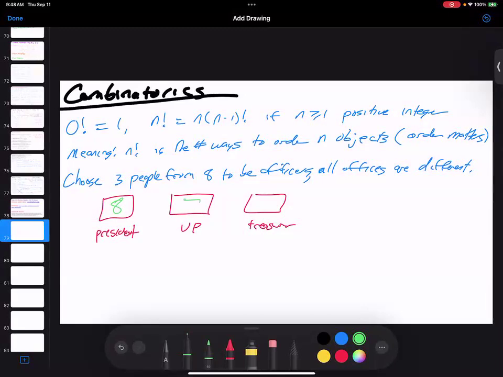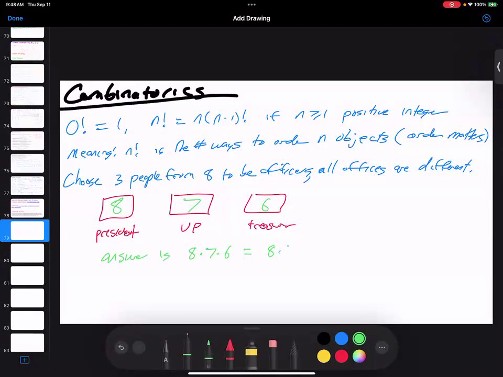So we're choosing 3 people. We can't have the same person serve as president and vice president. Now, there are times in war where somebody might wear multiple hats. There might be the prime minister and the secretary of defense. But typically, in a situation like this, we want distinct people. And then we would have 6 people here. So the answer is 8 times 7 times 6.